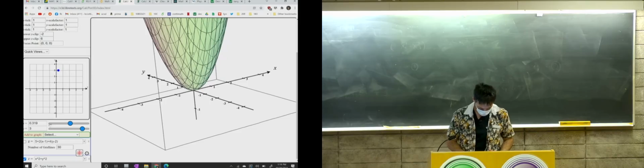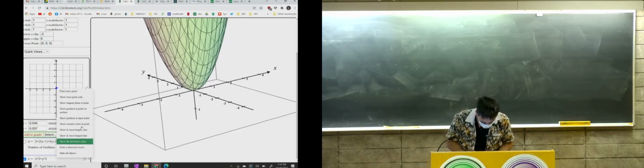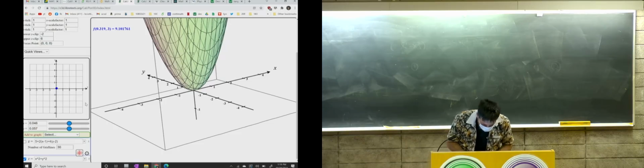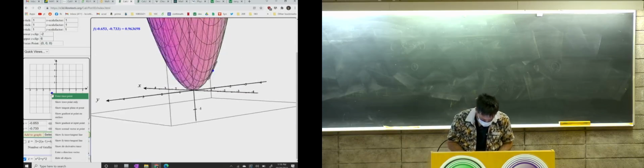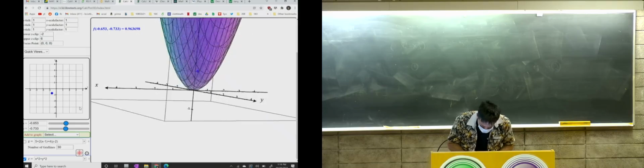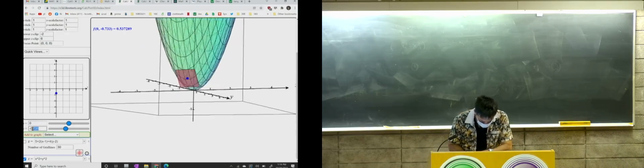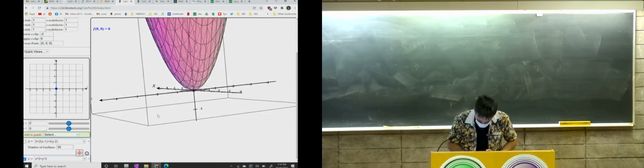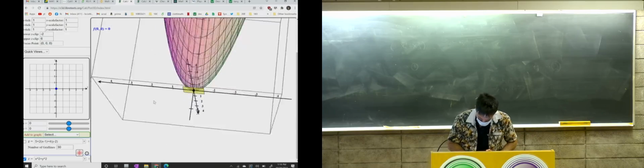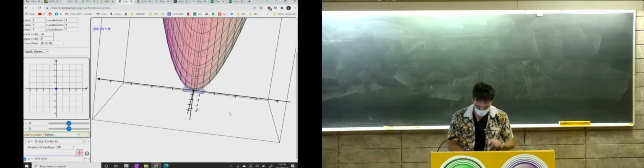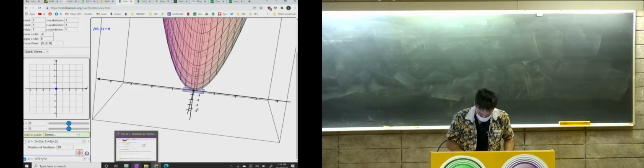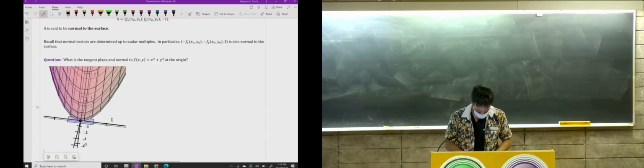Okay, so yeah, if I plug in 0, 0, there's the plane z equals 0. And indeed, the normal direction is in the k direction, k hat direction.